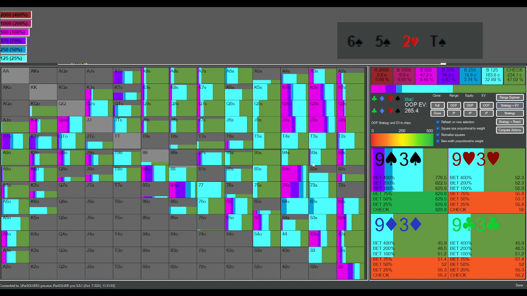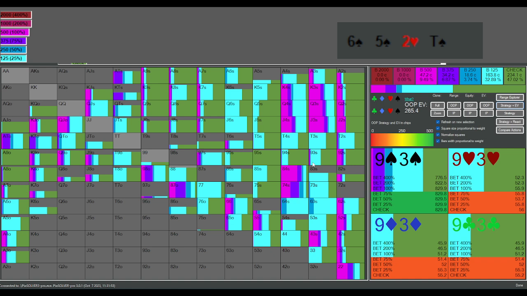But if we had this read on someone and they're going to overfold 4 or 5% against a bet here, well, now you're yielding an extra 10 or 15 big blinds per 100 easily.